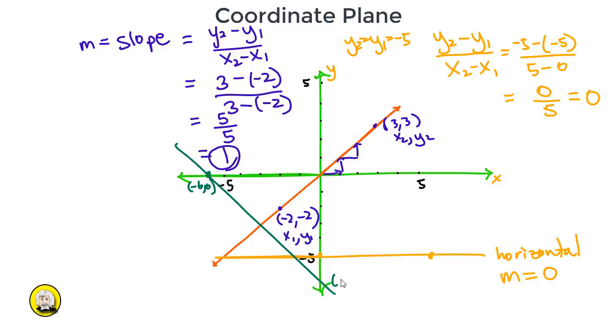It looks like it's intersecting through point (-6, 0) on the x-axis, and (0, -6) on our y-axis. If we calculate the slope, again, it's going to be the difference in our y-coordinates, y2 minus y1, and the difference in our x-coordinates, x2 minus x1.